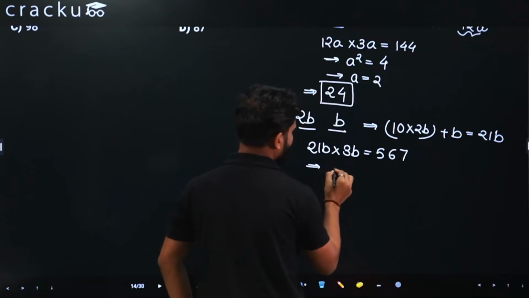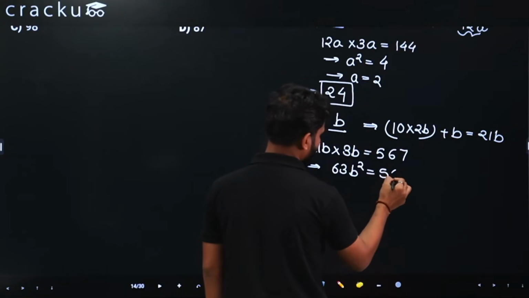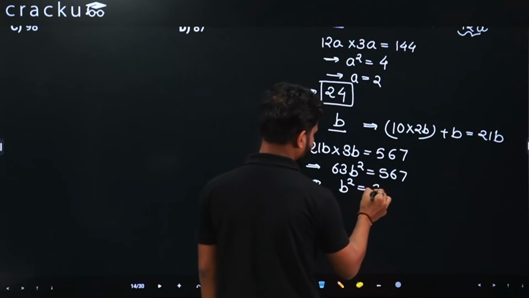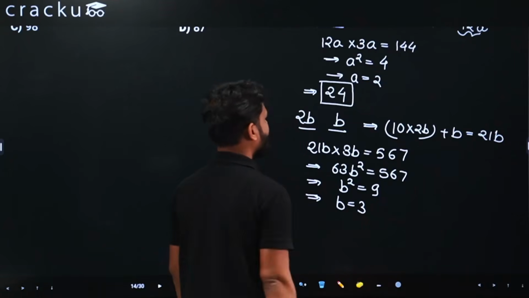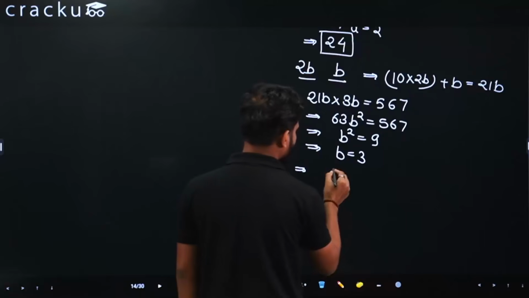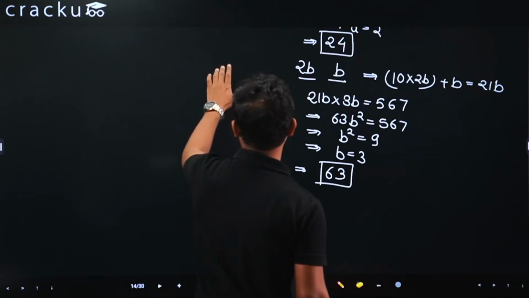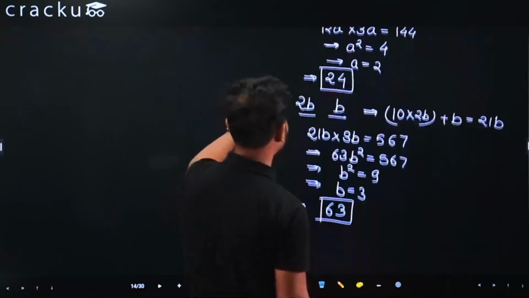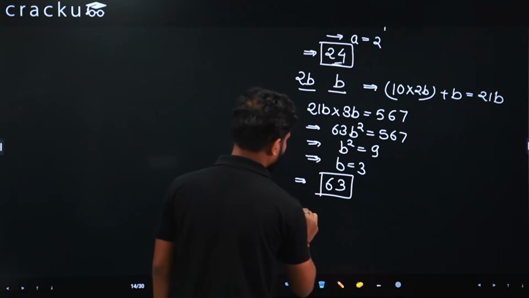From here you get 63b square is equal to 567, or b square is equal to 567 by 63, which is 9. From here you get b is equal to 3. If b is equal to 3, the number will be 6 and 3. This will be the 2-digit number. What we need to find is the sum of the two 2-digit numbers. 24 plus 63, which is what?